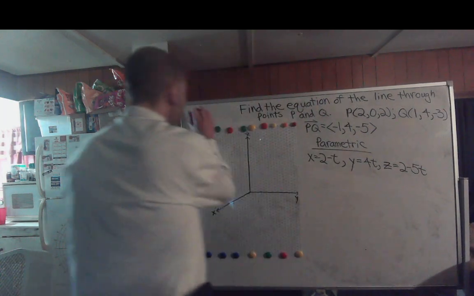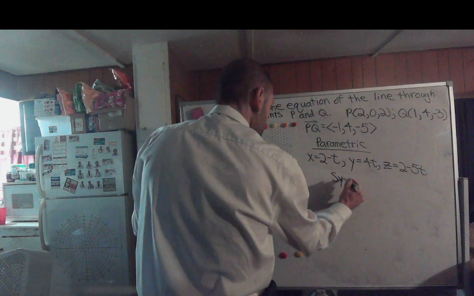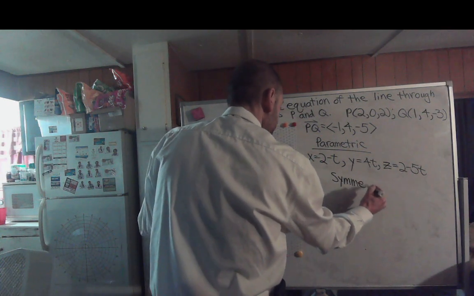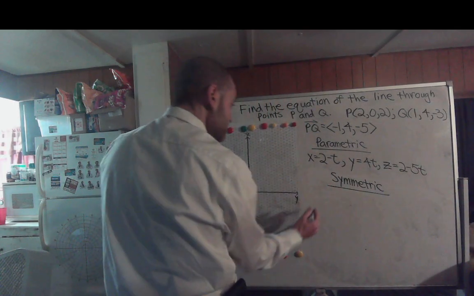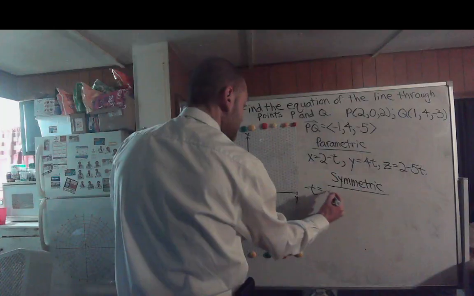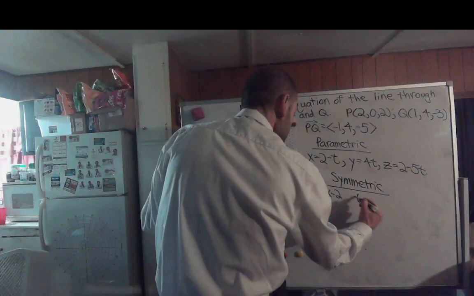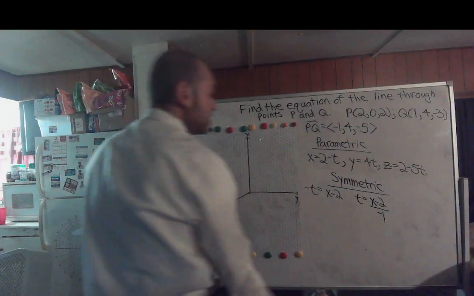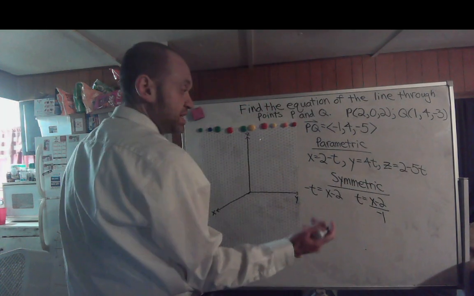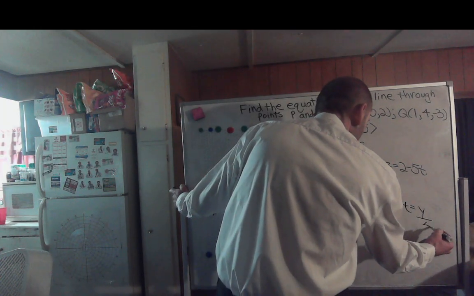Now, we can find symmetric equations then by solving for t. So if we do it for x, you would end up getting negative t equals x minus 2, which would give you that t equals x minus 2 over negative 1. Do it on y, 4t equals y, so t would just equal y over 4.